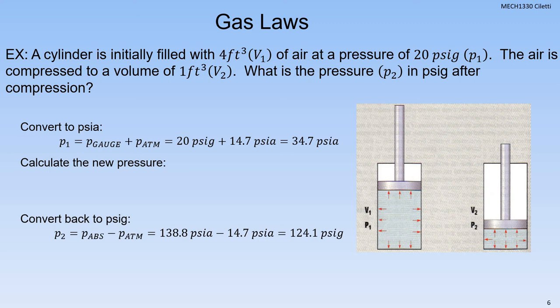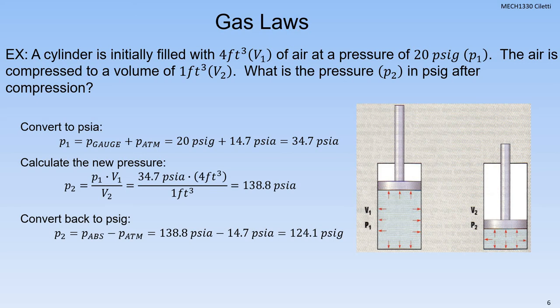Now we can calculate our new pressure using the given pressures in the system. We're using Boyle's law. P2 is equal to P1 times V1 divided by V2. We're using the equation on the previous slide, and we're solving it for P2. So we're using our absolute pressure, 34.7 psi, times 4 cubic feet divided by 1 cubic foot, feet cubed cancel, and we're left with 138.8 psi absolute.